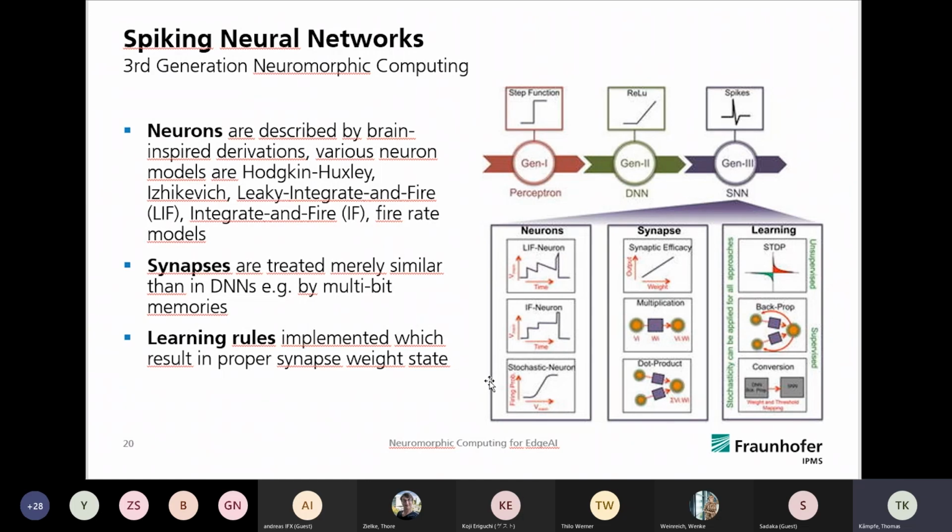And the synaptic efficiency represents the strength of the connection through an internal variable. That's basically what, in generation 2 neuromorphic computing in deep neural networks, has been termed weight, right? The strength of connecting to adjacent neurons.